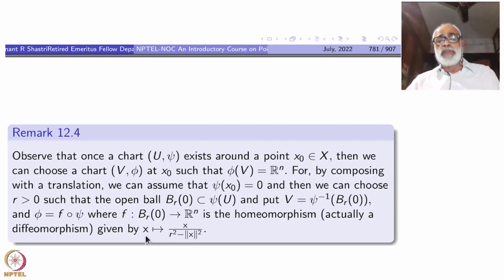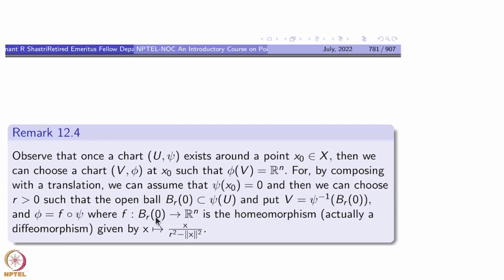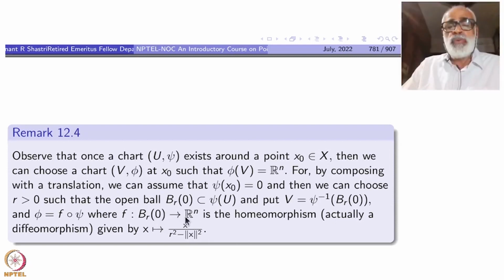For example, you can take x going to x by (r square minus |x| square). This is a very nice homeomorphism from the open ball of radius r centered at 0 onto the whole of Rn.